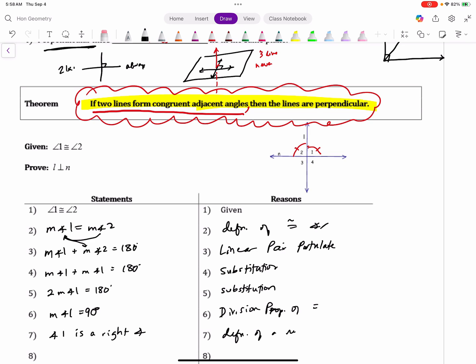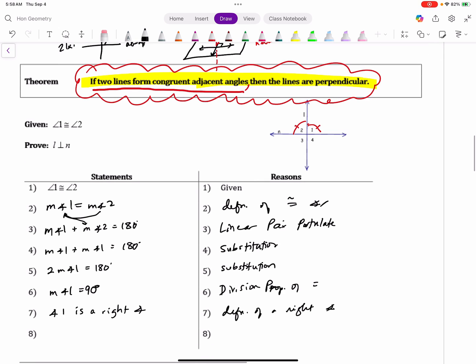And if angle 1 is a right angle, that means that lines L, so we just proved that this is true. So line L is perpendicular to line N because that's the definition of perpendicular lines.